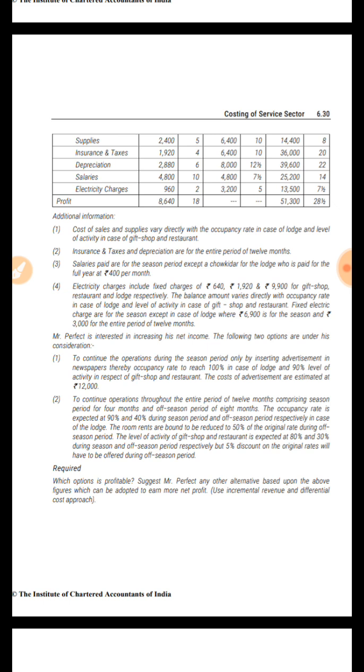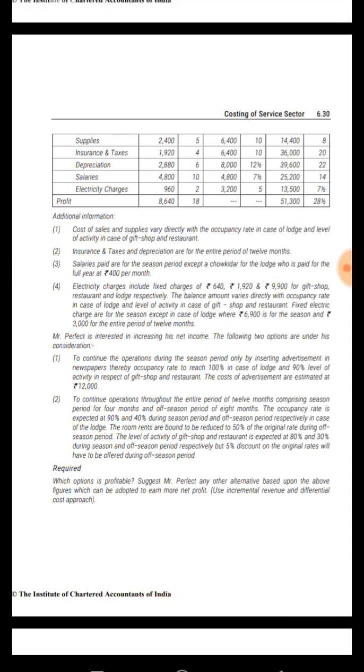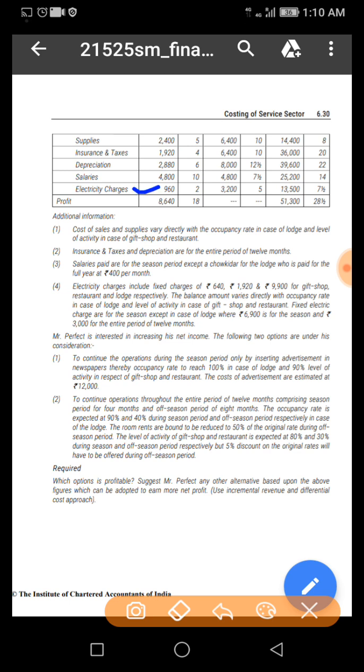Okay, then electricity charges include fixed charges of rupees 640, 1920, 9900 for gift shop, restaurant and lodge respectively. The balance amount varies directly with occupancy rate in case of lodge and level of activity in case of gift shop and restaurant. Okay, so balance amount, see, electricity, for example, 960 is there and here 640.